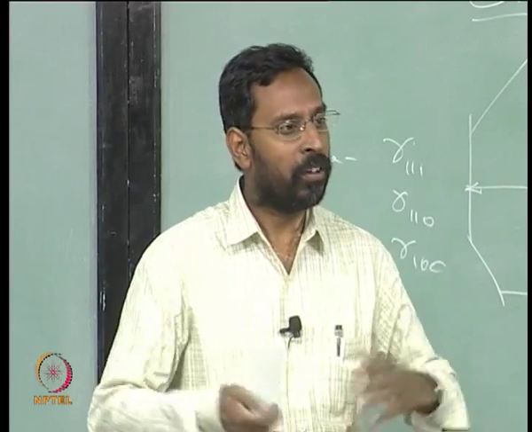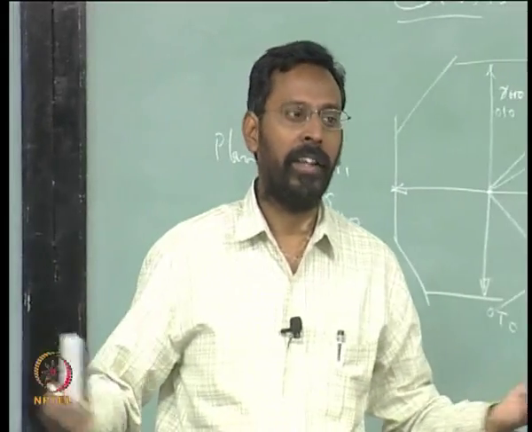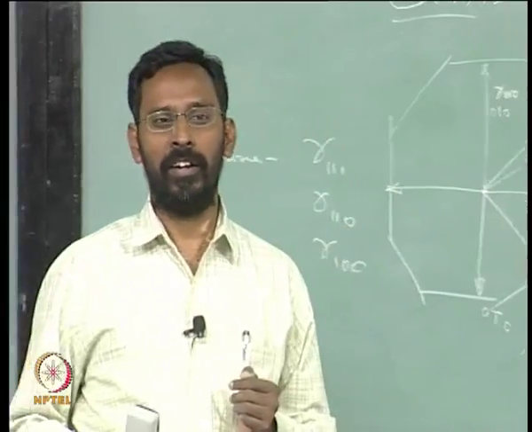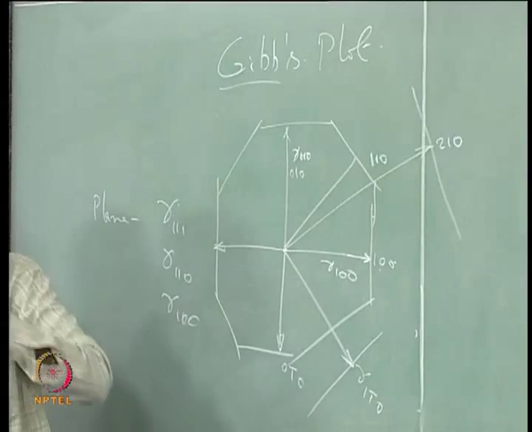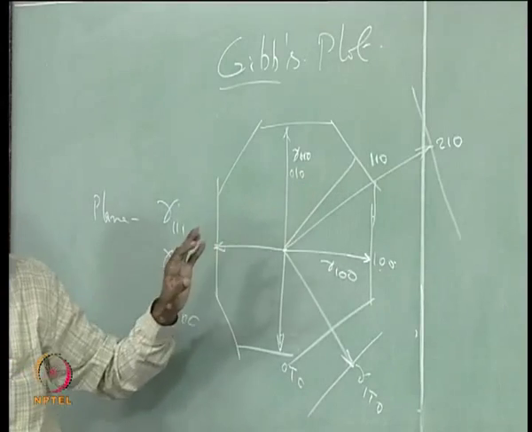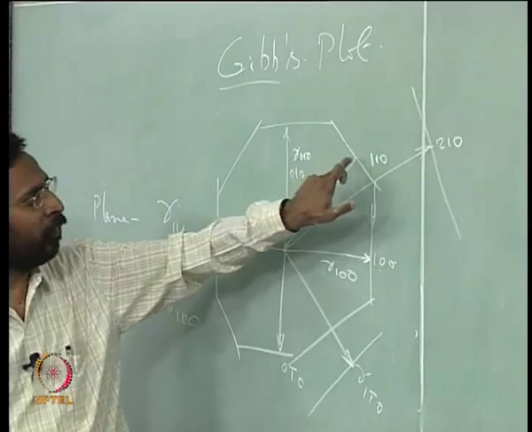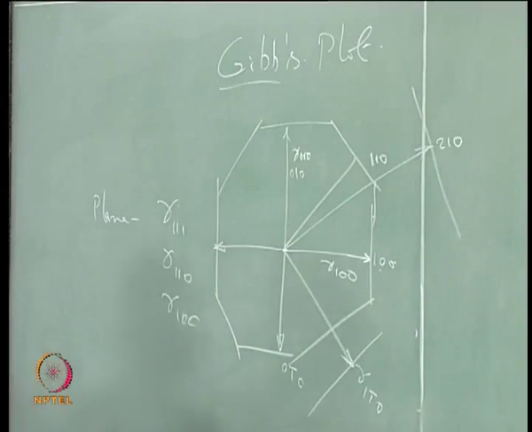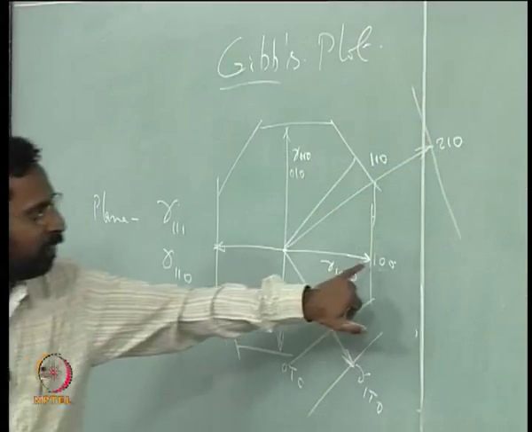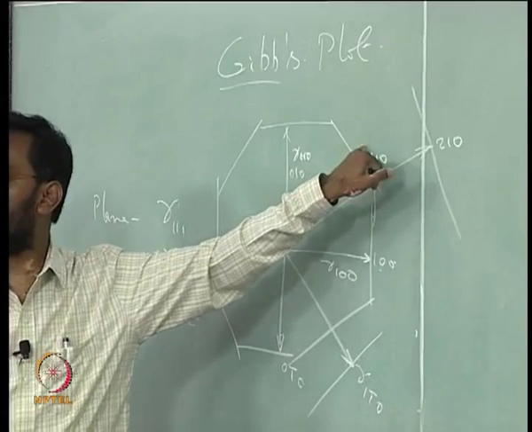The point is, once it grows, the shape could be different. Why? If I take this particular shape, when it grows, the rate at which this plane grows and the rate at which this plane grows is different. Why? Because the packing density of this plane is different from the packing density of this plane.